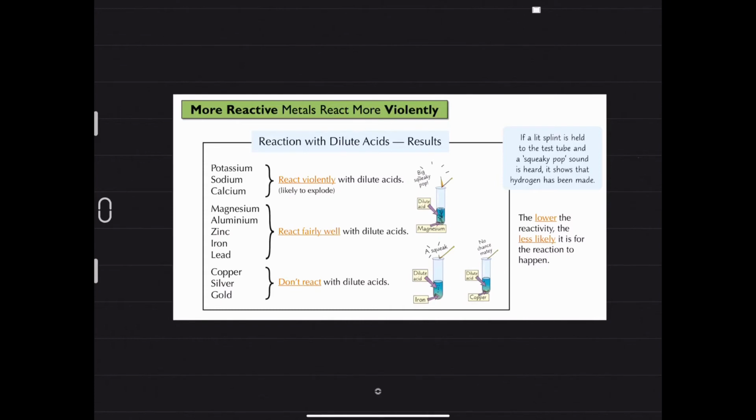Magnesium through to lead are the metals that are generally used in experiments to show the reactions that occur with dilute acids, and these are the ones that we can safely do in the lab. And as you can see here, copper, silver and gold do not react with dilute acid.